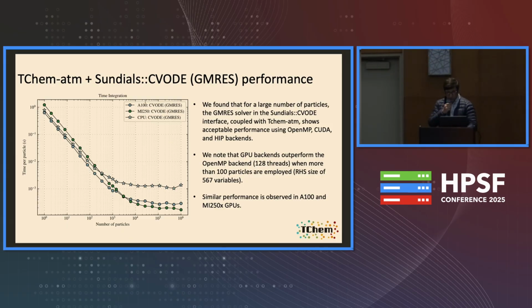Another important part that we tried was running these experiments on the A100 and the AMD MI250, so NVIDIA GPU, AMD GPU, plus CPU. Comparing the two GPUs, the performance is very similar.